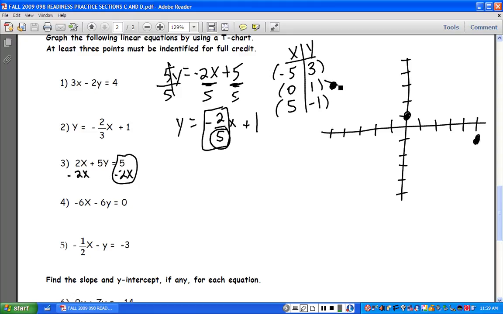And so our line, I know it's crooked, but our line will look something like that right there. Alright, there's that line. Okay, now moving on to the next problem.